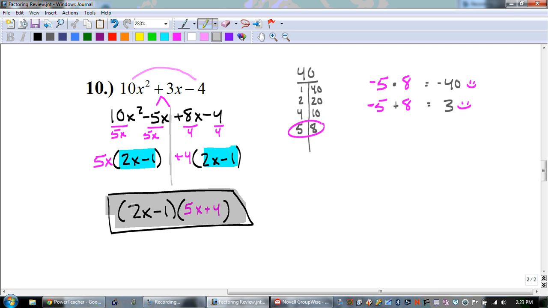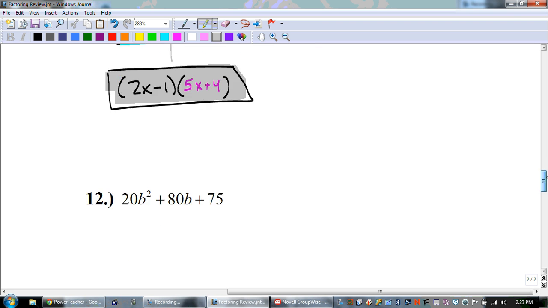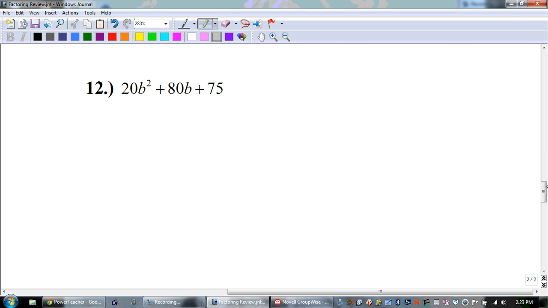All right, let's move on to number 12. Remember, the first thing we do is check to see if there's a GCF. And yeah, there's a GCF, guys. I can take out a 5. So the 5 comes out front, and I'm left with 4b squared plus, what's 80 divided by 5?